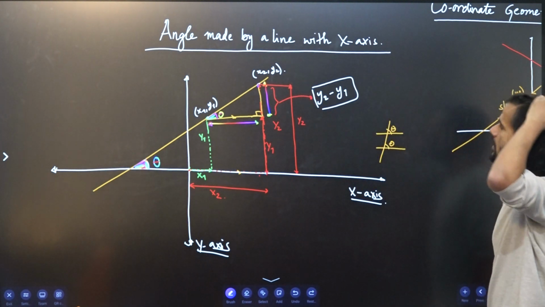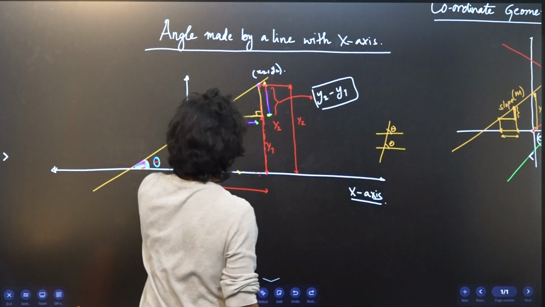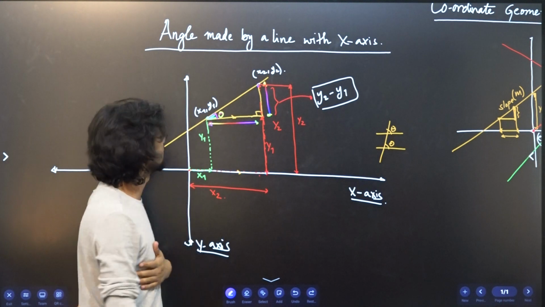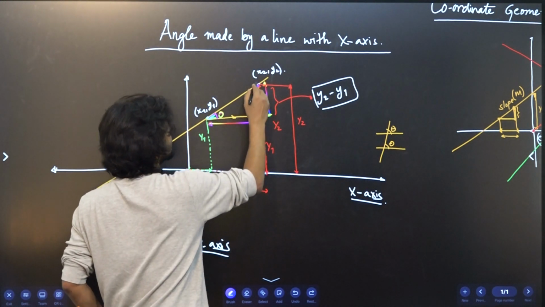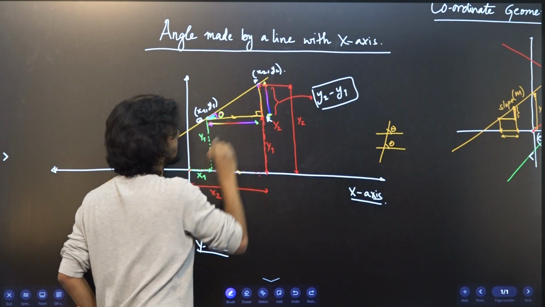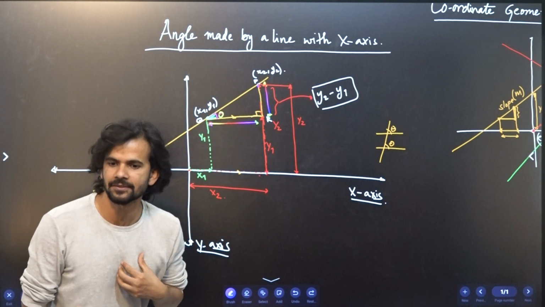Now I have found the perpendicular of that triangle. Let's say this triangle is P, B, Q. Now I need to find the base. Can I find the base? Yes.